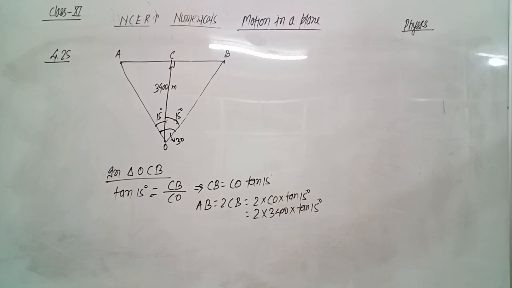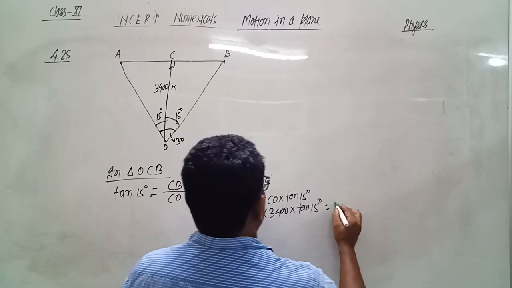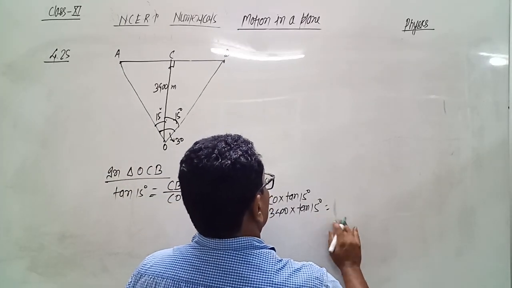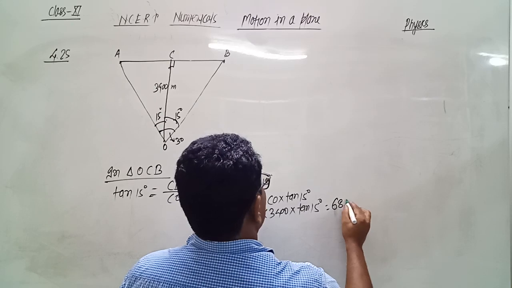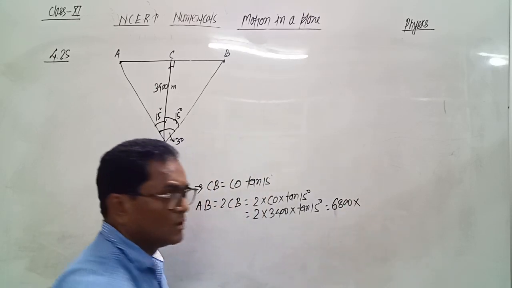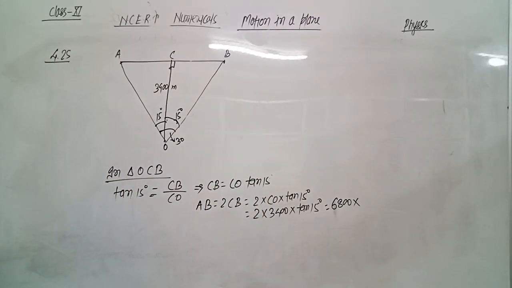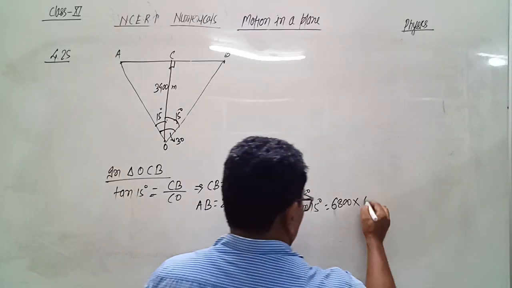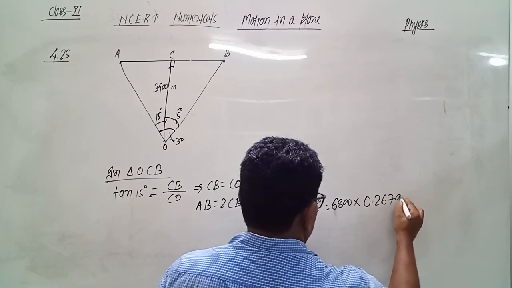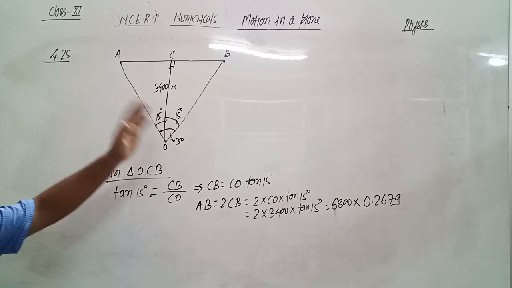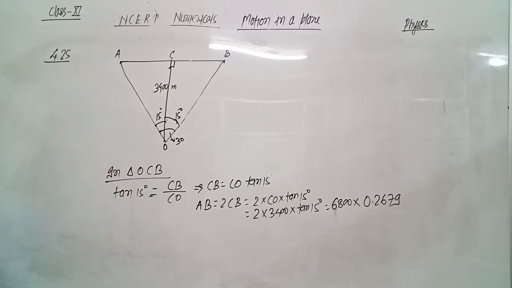The value of tan 15 degrees is 0.2679. So 2 into 3400, that is 6800, into 0.2679. This way we have calculated the horizontal distance AB.